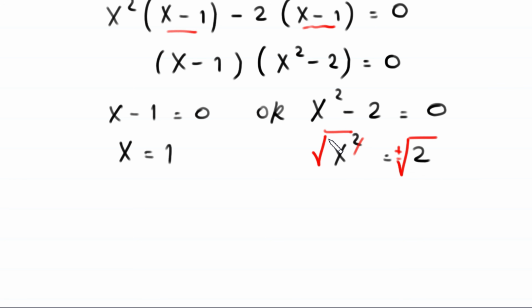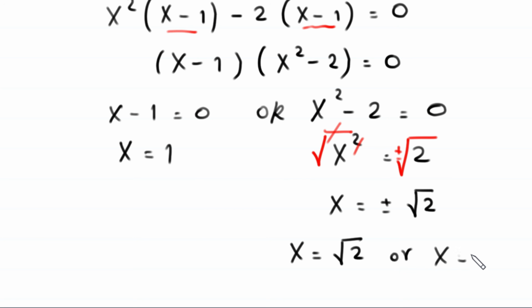So this square and this square root cancelled out. This will become x is equal to plus minus root 2. Means that x is equal to root 2, or x is equal to negative root 2.